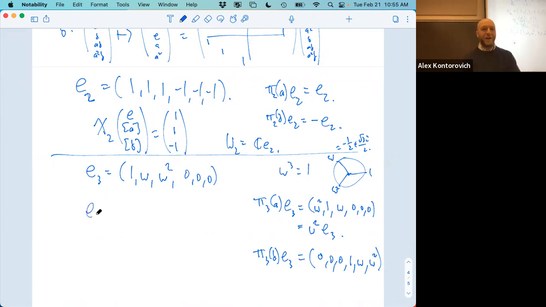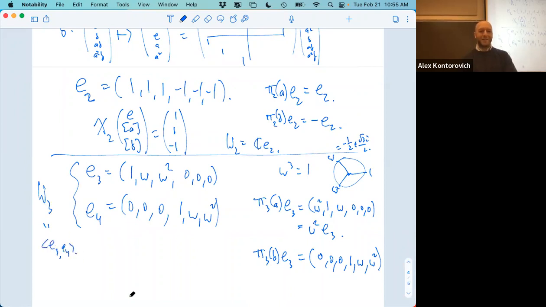So we better have a new vector E4, which is 0, 0, 0, 1, omega, omega squared. It's orthogonal to E3, E2, and E1. And these two guys form a subspace called W3. So W3 is the space generated by E3 and E4.